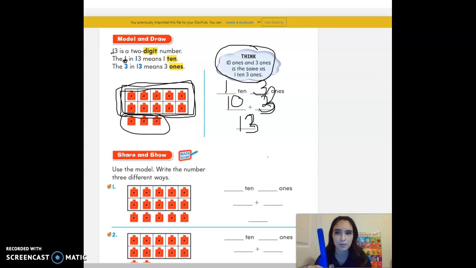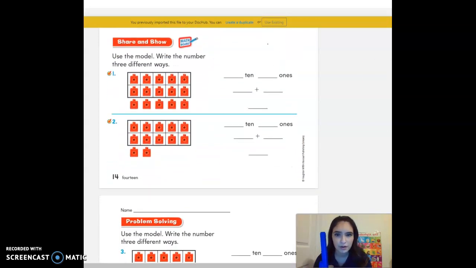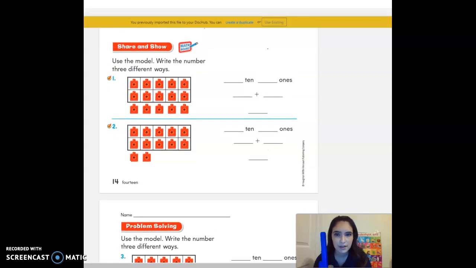Let's go ahead and work on the other and see if we can do these. All right, so we're going to use a different model. And we're going to write the number 3 different ways. We're going to show it in 10s and 1s, in an addition sentence, and then the answer. So who can tell me how many 10s are there?